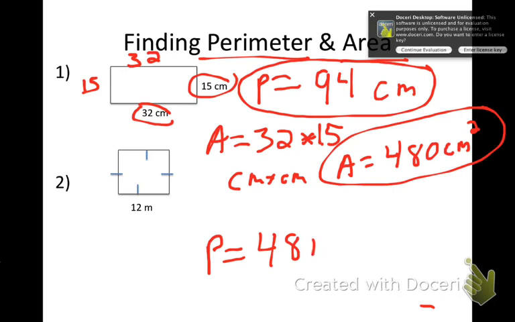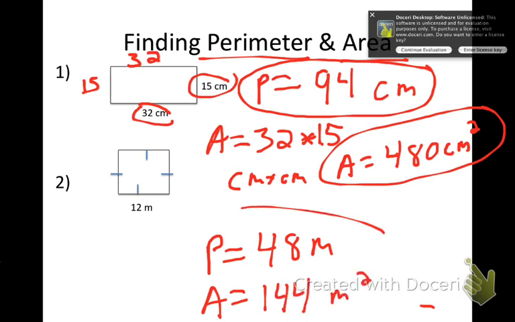Nice job. And then I can find the area. The area of a square, I could use length times width like a rectangle. I get the same answer. Or I could take side squared because it is a square. The area is what there, Jack? 144 meters squared. Again, recognizing the correct units is important.